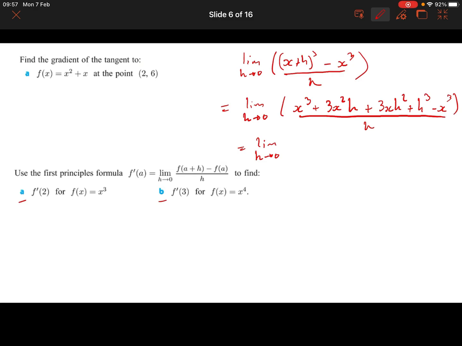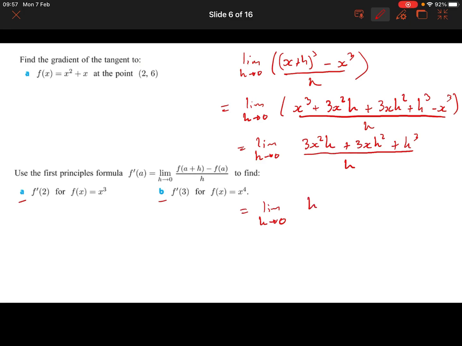So what am I going to end up with? 3x squared h plus 3xh squared plus h cubed, all over h. Now what I can do is factor out the discontinuity.